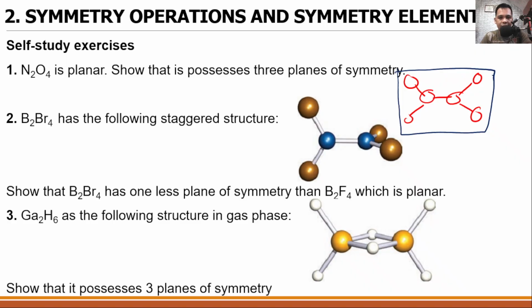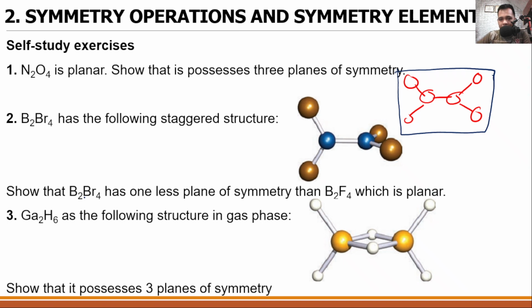Ayan. I just draw this. And for that, when we draw it, ang representation niya ay dito. Hati niya ay dito sa may gilid natin. So, we have a plane of symmetry. Meron din tayong plane of symmetry here, dito sa gitna, and dito sa gitna dito.